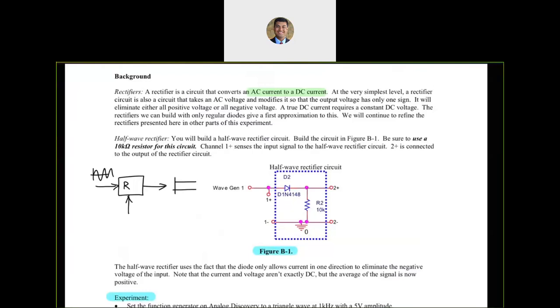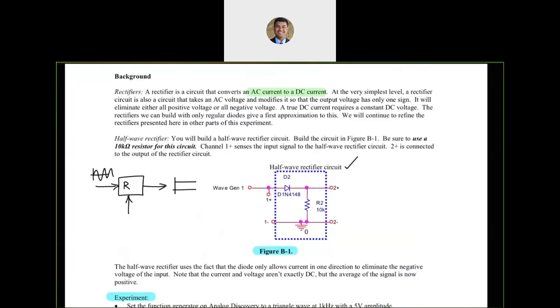There are two choices. The simpler one is the half wave rectifier, and the other one is a little bit more complex, called the full wave rectifier. Obviously, with the half wave rectifier, my conversion is not going to be as good as with the full wave rectifier.